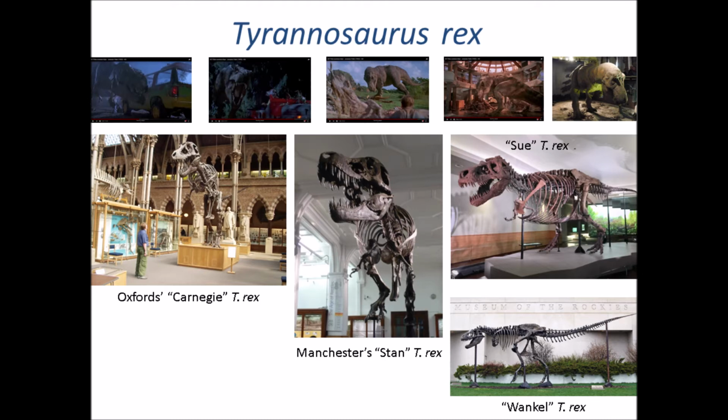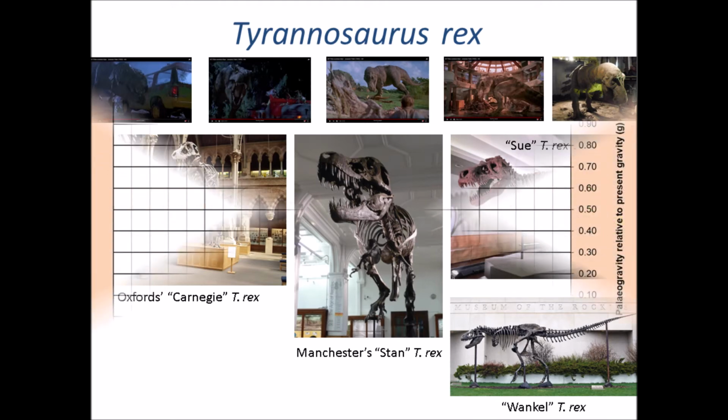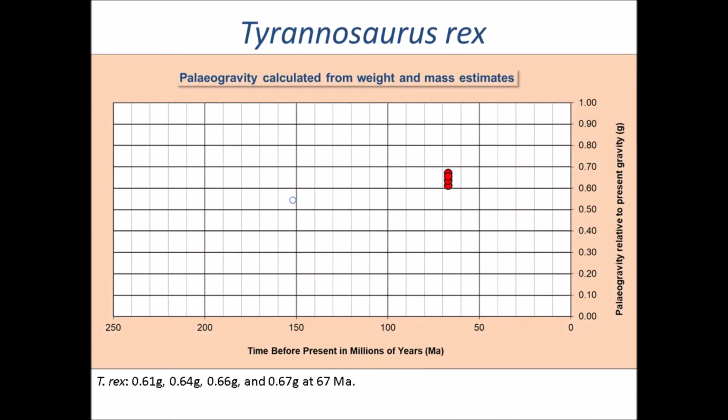The middle picture shows the Stan specimen, and the picture on the right shows the Sioux and the Wankel T-Rex specimens. These 4 specimens produced paleogravity estimates of 0.61g, 0.64g, 0.66g and 0.67g around about 67 million years ago.